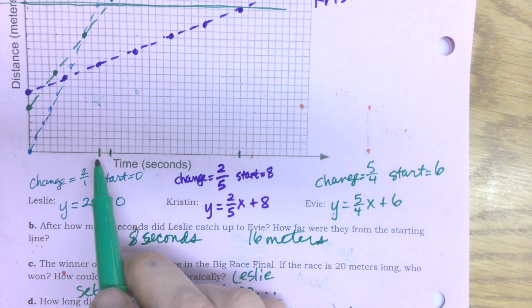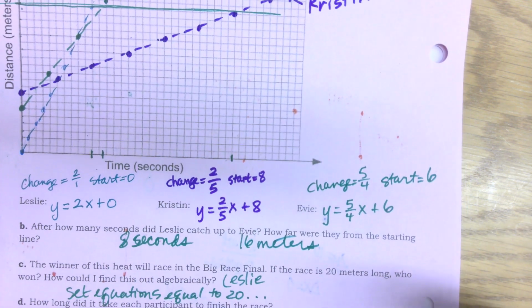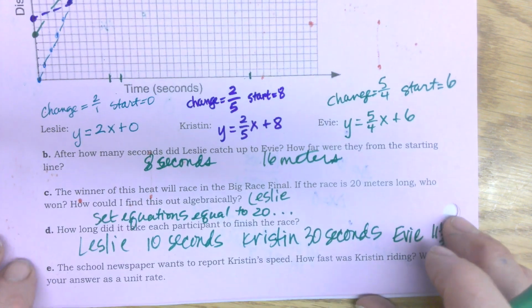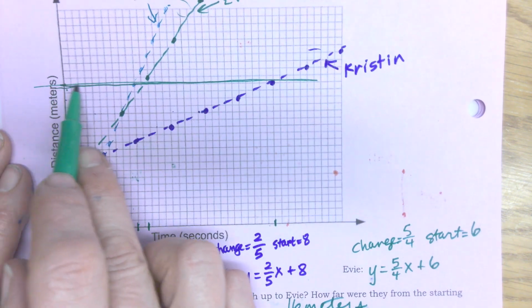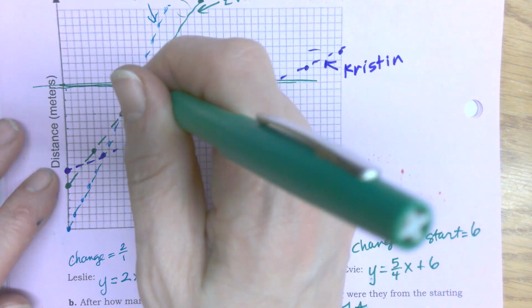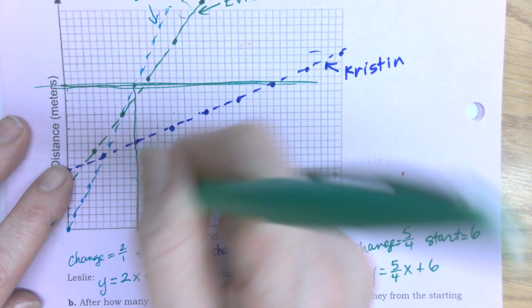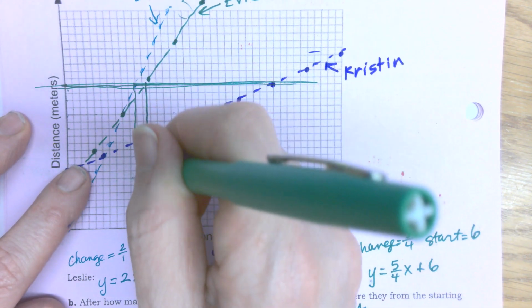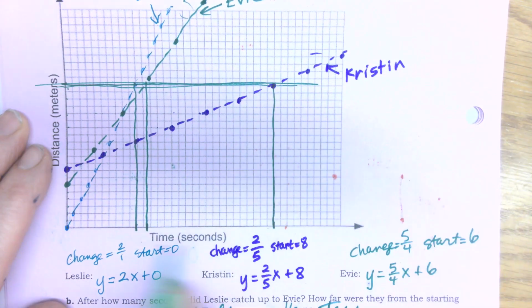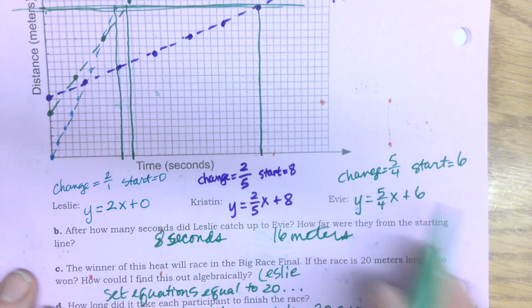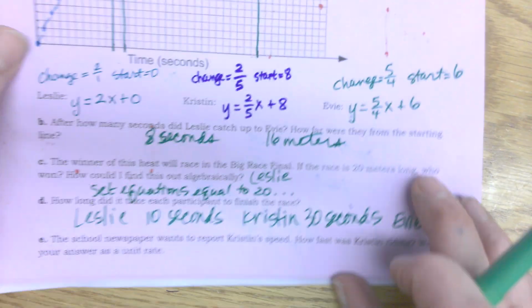Yeah, it looks to me like 11 and a half. So I just counted. Again, I'm matching. We put in the 20 finish line, and then I eyeballed where they crossed. That's pretty close together.